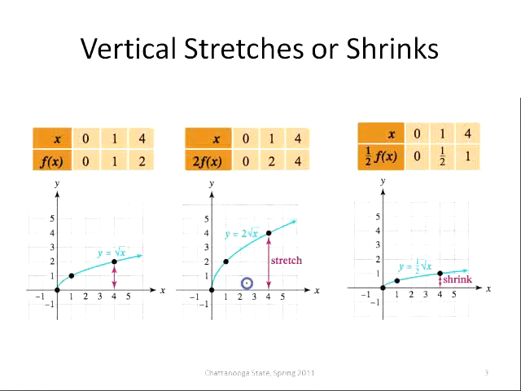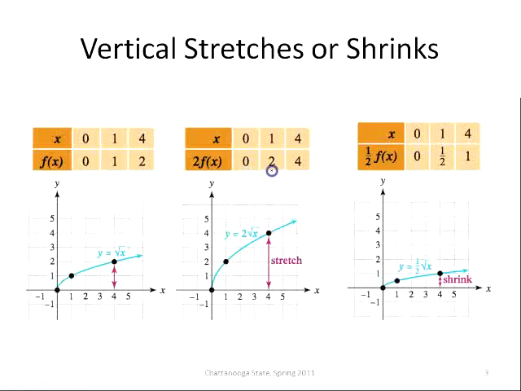So let's look at some examples here. Here is my first graph. My basic function is y equals the square root of x, which is this basic graph. We see the graph, and we see a few ordered pairs on that graph. If we multiply the y values here by a constant value of 2, the first y value, of course, will still be 0.